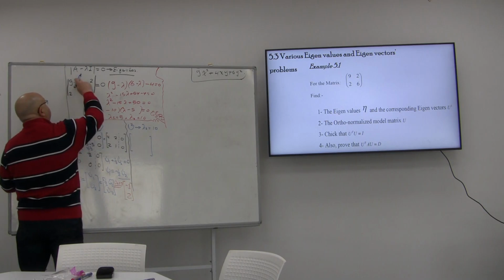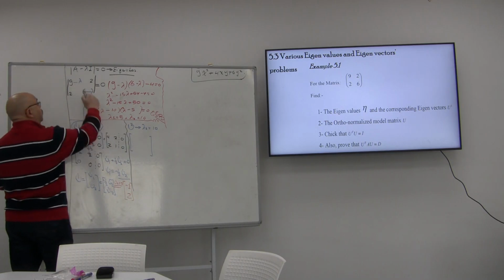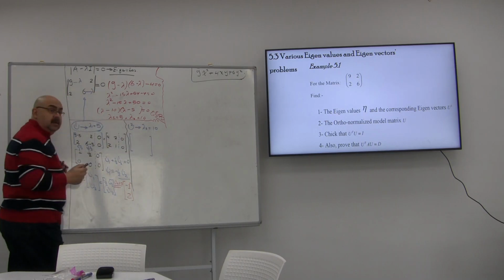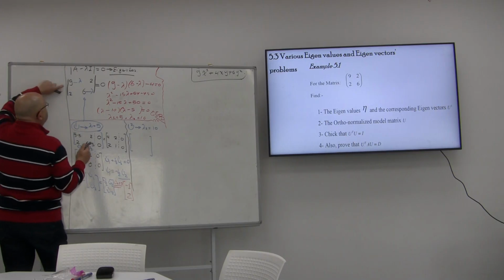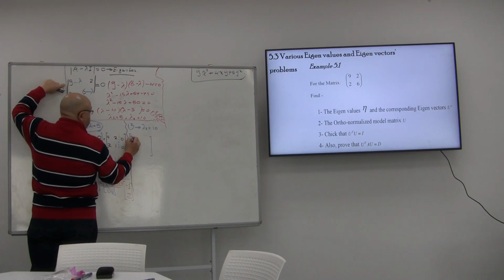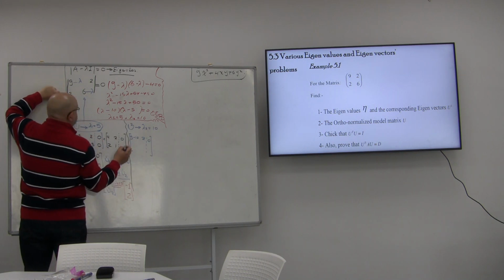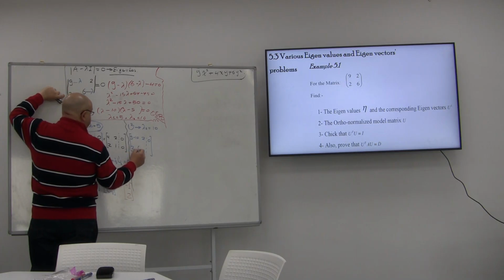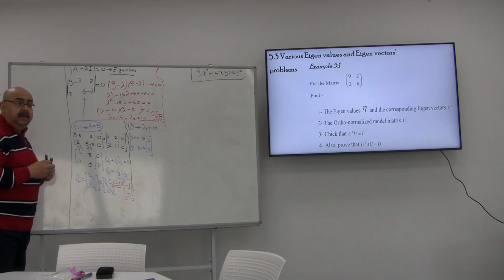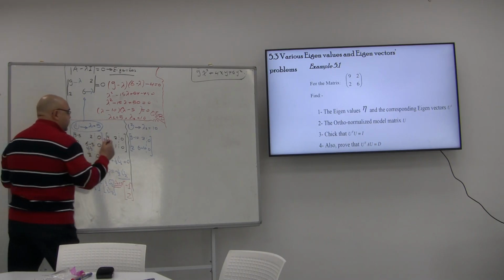But instead of putting lambda equal to 5, I will use lambda equal to what? To 10. Start substituting. 9 minus 10, I will write it first, 9 minus 10. Then I will have 2, and this is 0. For the second row, it's a 2, 6 minus 10 and equal to 0. Are we okay?